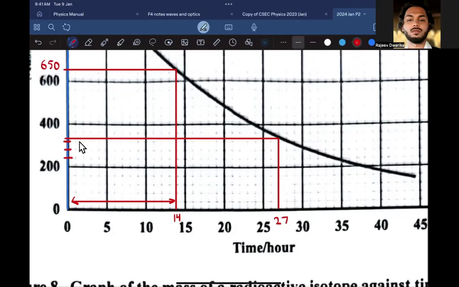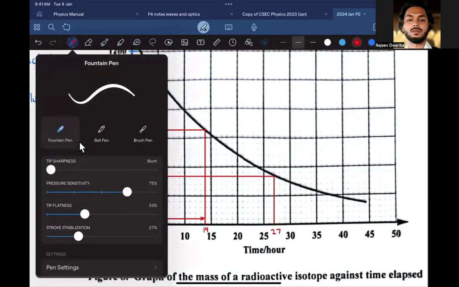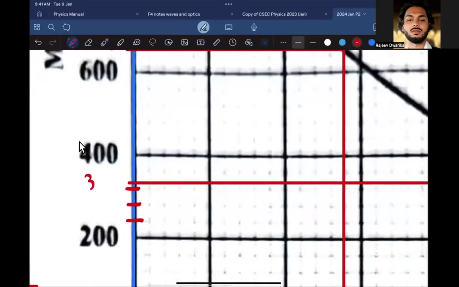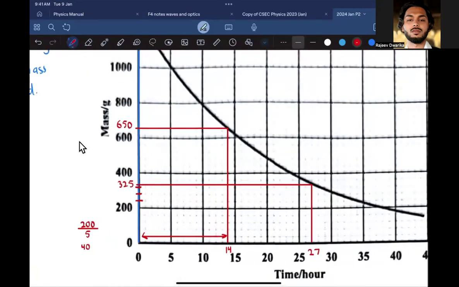But that's wrong. You know why that's wrong? Let me ask you a question, Ocean. We say that this is 325, so 325 is half of 650. What are we assuming the mass is when we find 325? What was the mass before? The mass before was 650, right?